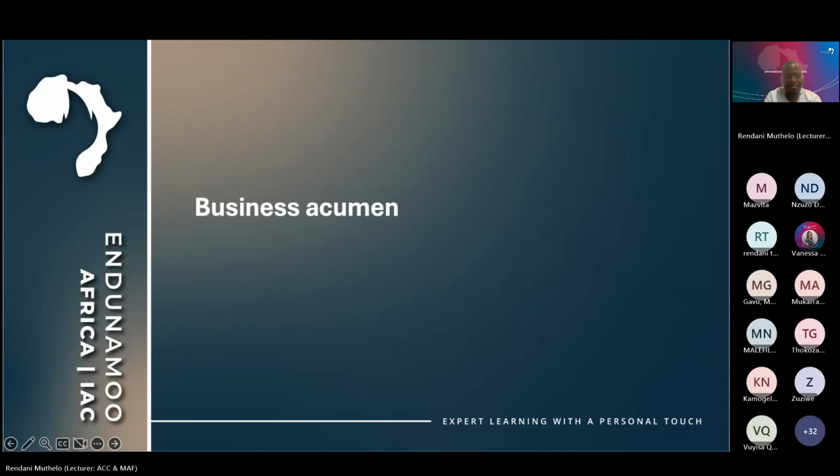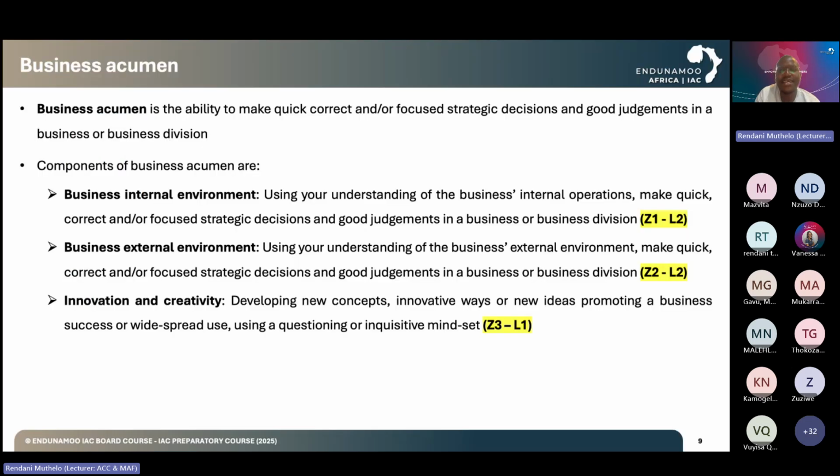So, business acumen. Remember, we're just going to deal with the three tonight and we are done. So, business acumen, what is it all about, or what are its components? Now, this is where we need to talk about some of the setup that we can expect.